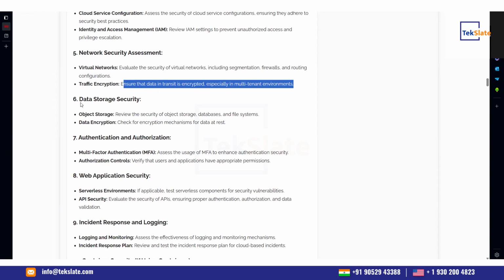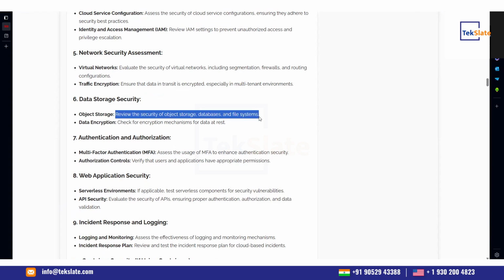After that, we'll do data storage security. Once the data is on the server, it should be secured so that it can't be breached from there. It should be encrypted, and someone should not have direct access to the file system.